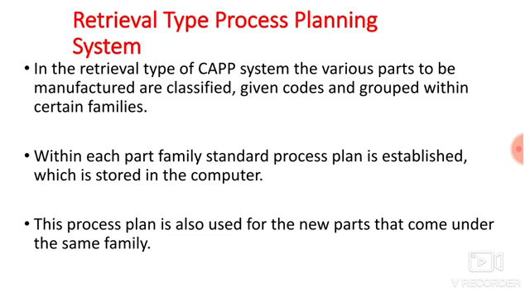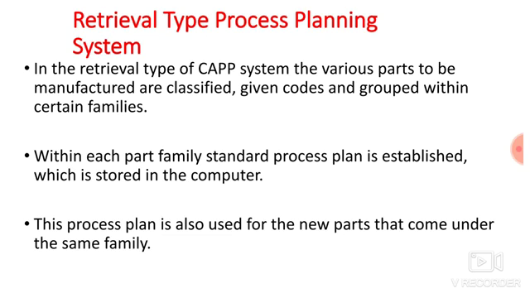The grouping of those parts is known as a part family, and for a particular part family, one code is assigned with the help of a part classification and coding system. So you will have different charts. By referring to those charts, you have to generate a particular part number for a particular part. That concept is known as group technology.